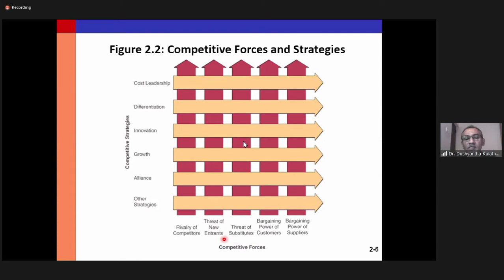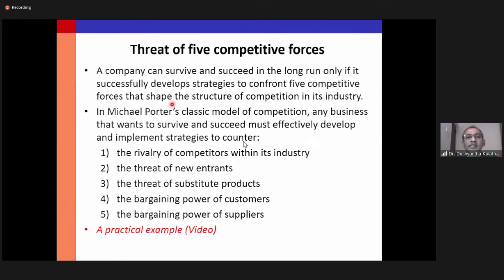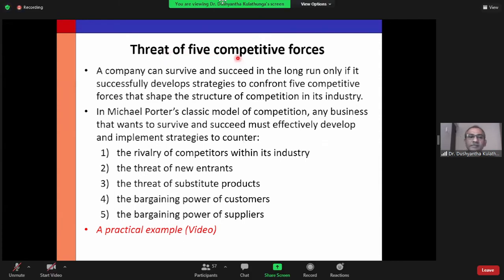Both these aspects, competitive forces and competitive strategies, are very important, and we'll see why and how we can utilize them in our organizations. So we will start with the 5 competitive forces.